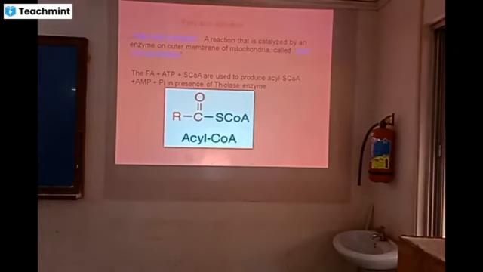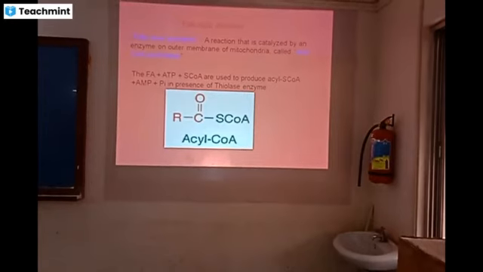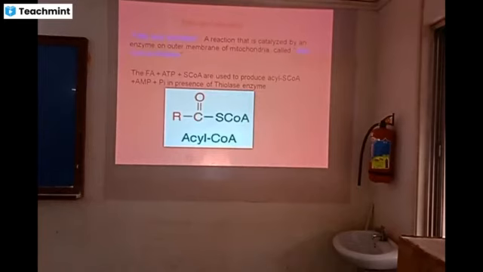Carbon number present is 16. All of you getting the point? Any doubt regarding this structure? No, sir. Okay. Now see how it is transported.